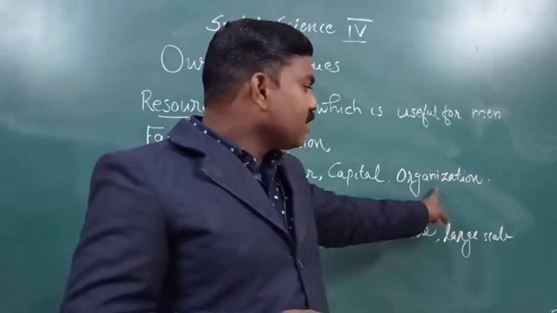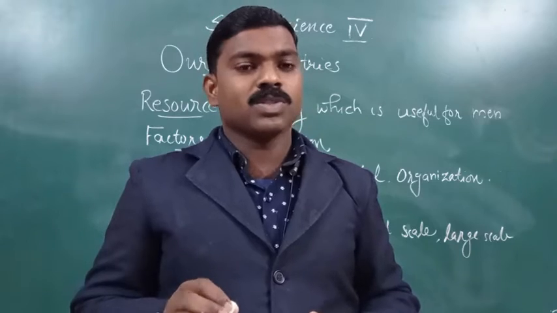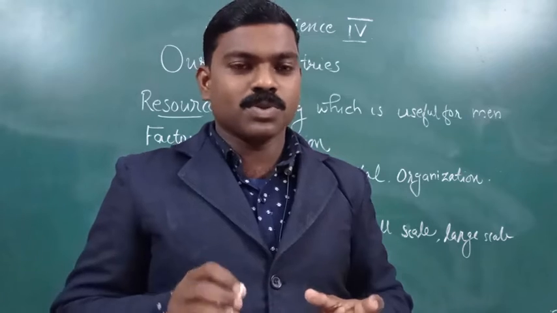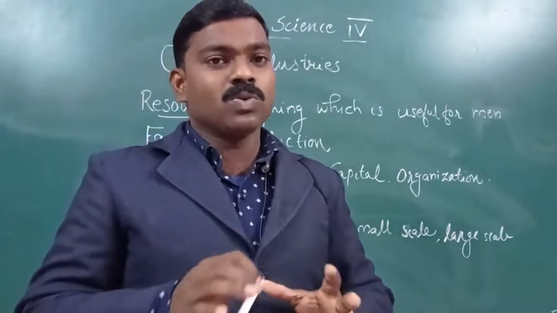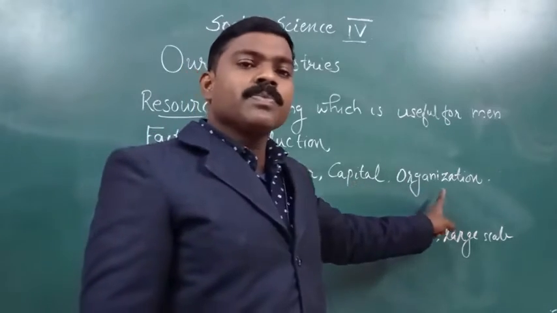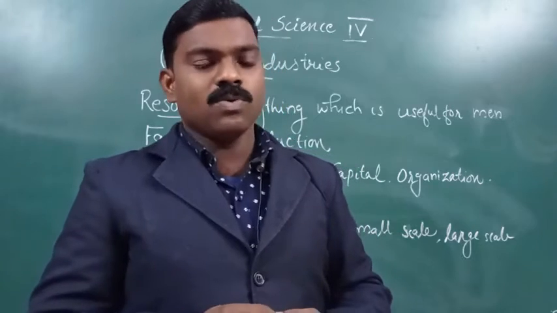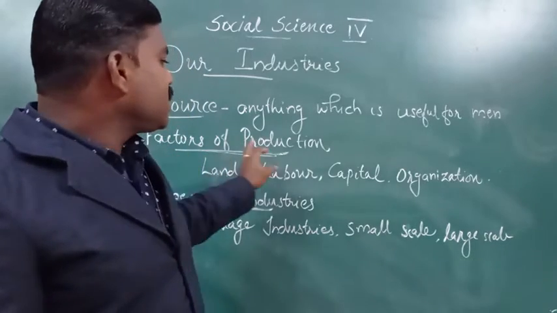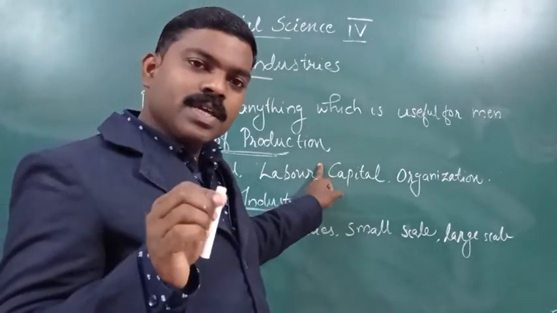The next, we need an organization. Organization means those who can administer and run these industries. A group of people who are organizing all the things, land, labor and capital, are known as organizers. So we need basically these four factors of production for the administration of an industry.